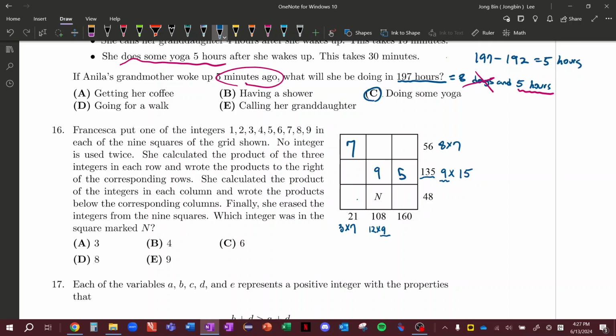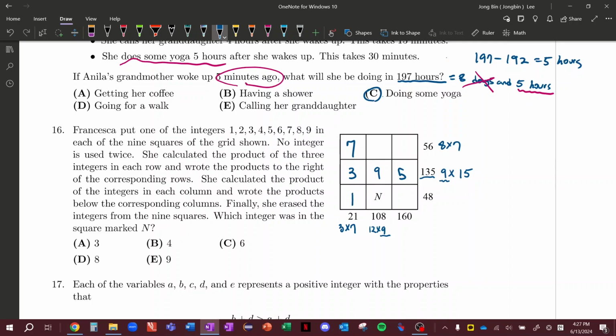After that it is actually not that hard because we could have an option of 3 here and a 1 here, or 1 here and 3, but that would not work, and it would be 3 here because 3 times 9 times 5 is equal to 135. So this automatically gives us 1 here.